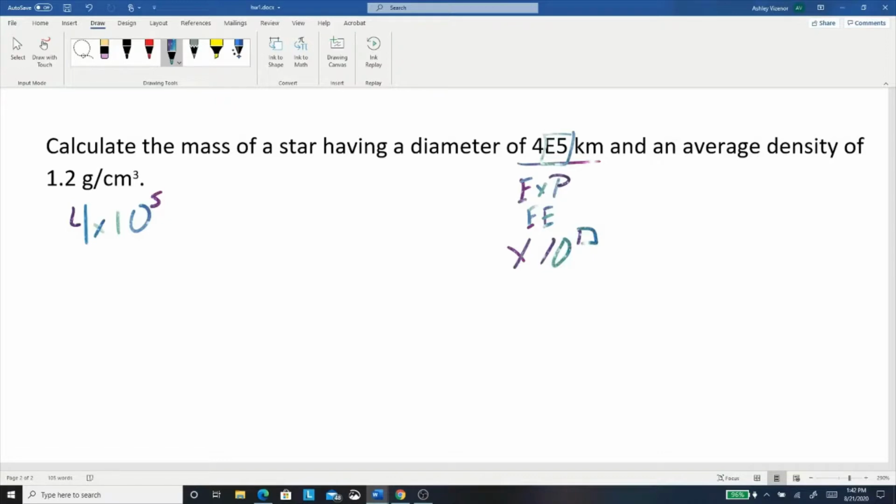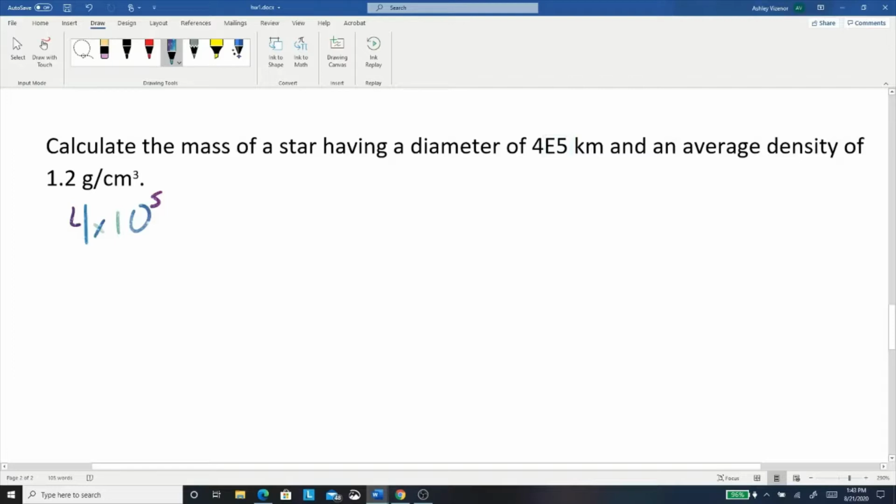So E5, EXP5, EE5 is the same as saying times 10 to the 5th power. I'll be doing another tutorial video on using a calculator soon, or I might just post some slides that I've made in the past that should be enough for you guys. Nonetheless, let's get to this.